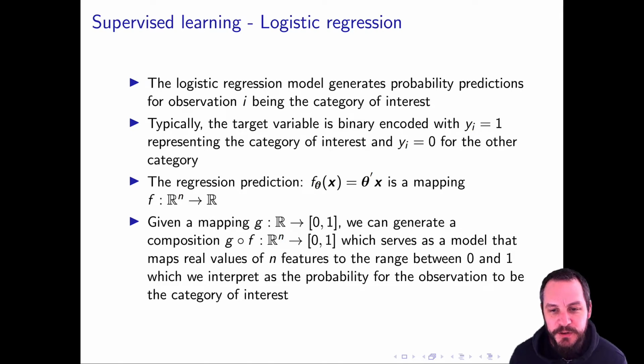So basically we're going to do the same as for the linear regression model, but then compose this function with another function which makes sure that those real valued numbers are mapped to the range of 0 and 1. So the overall composition uses n feature variables as the input and outputs a number between 0 and 1 which represents a probability estimate for the observation belonging to the target category of interest.